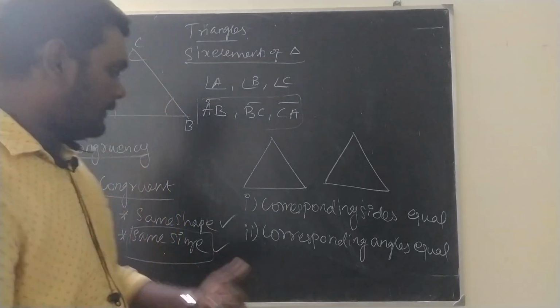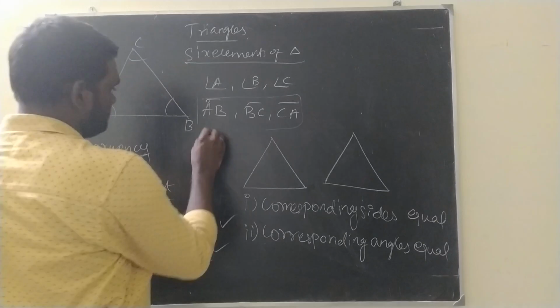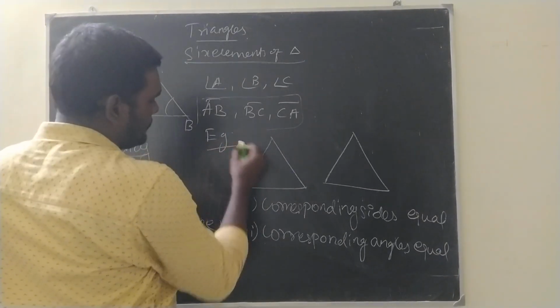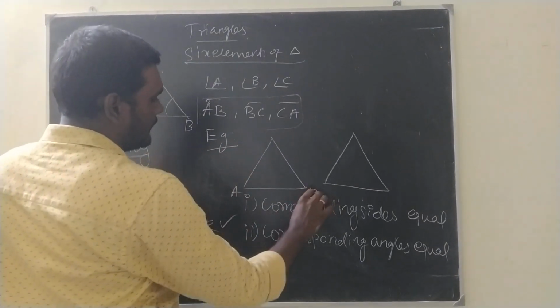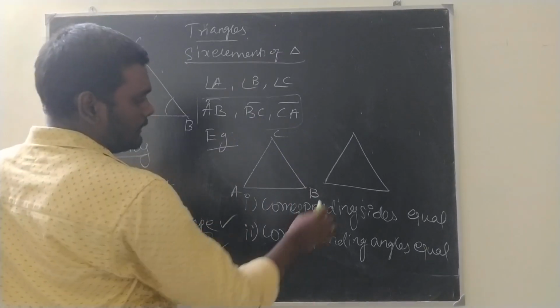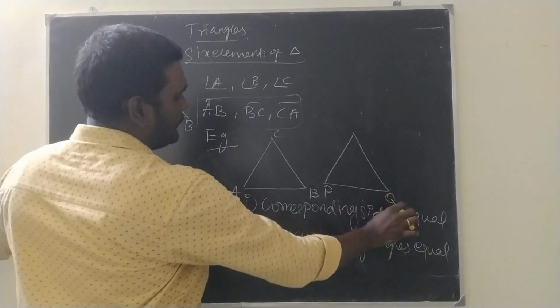Okay. For example, take this triangle ABC and this triangle PQR.